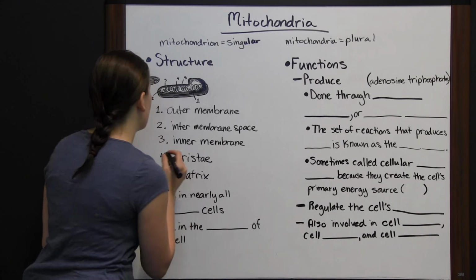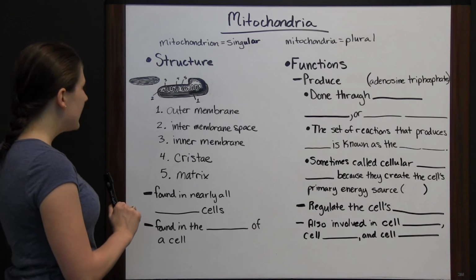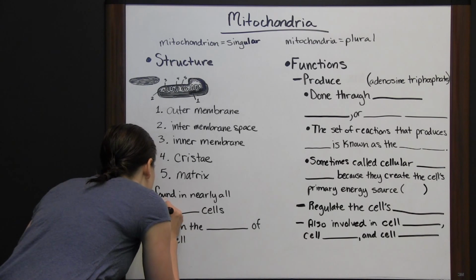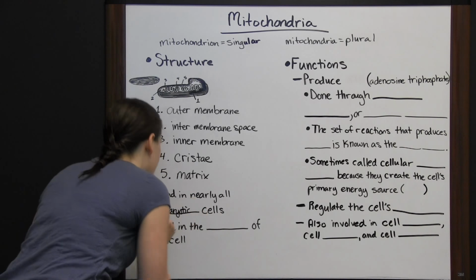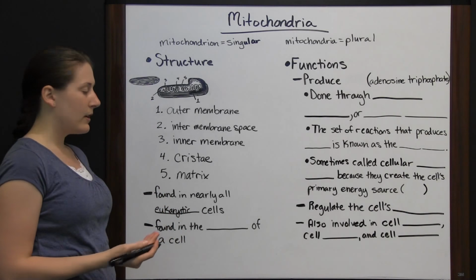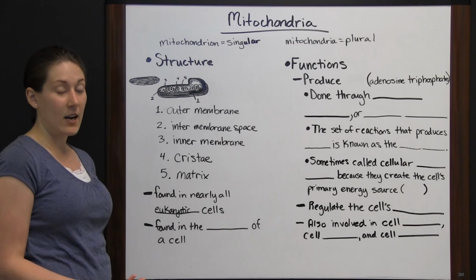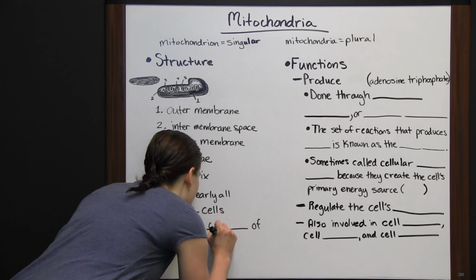So there you've got your structure of a mitochondrion, the basic parts of it, and it's important to know that they are found in nearly all eukaryotic cells. So that's not all, but most eukaryotic cells, and that's going to be your larger cells, the ones you find in plants and animals. And within the cell, it's going to be found in the cytoplasm.